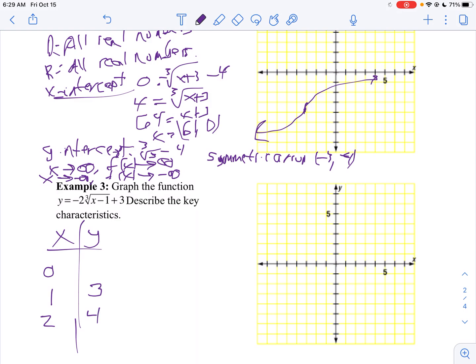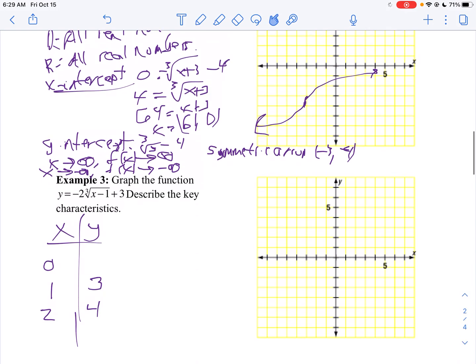Let's put in 0. 0 minus 1 is negative 1. The cube root of negative 1 is negative 1. Times negative 2 is 2, plus 3 is 5.